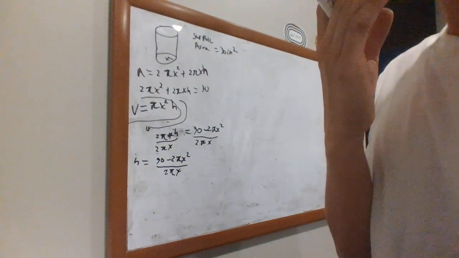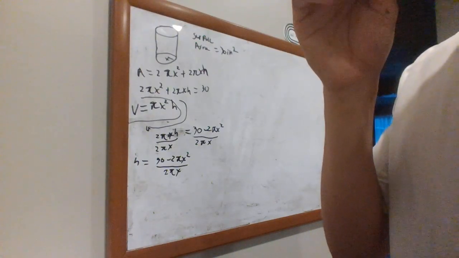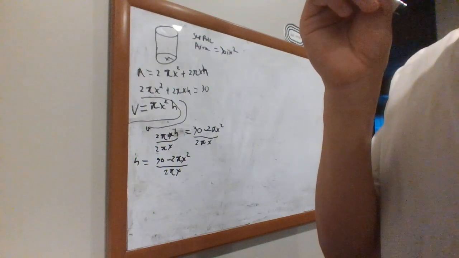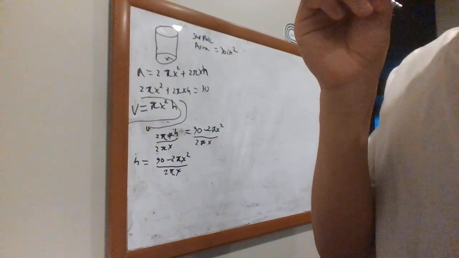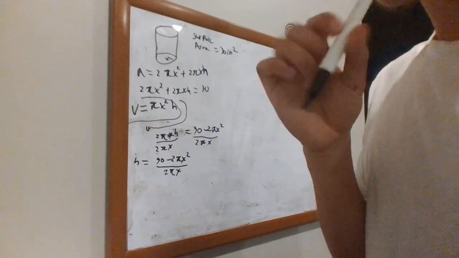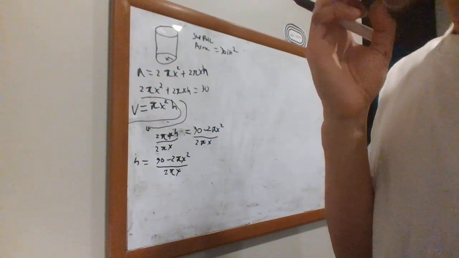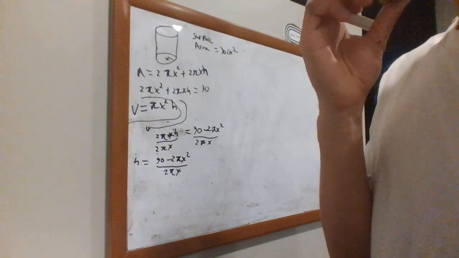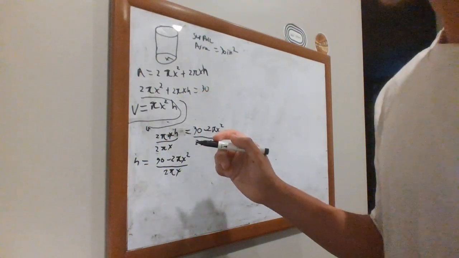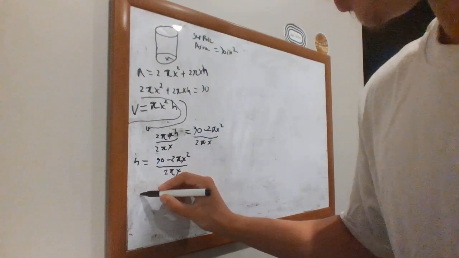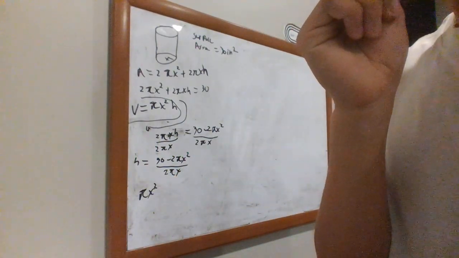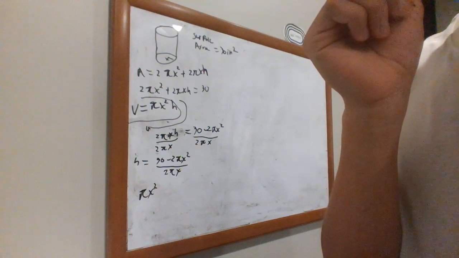Sweet. And then, using the volume, we have pi x squared times h.